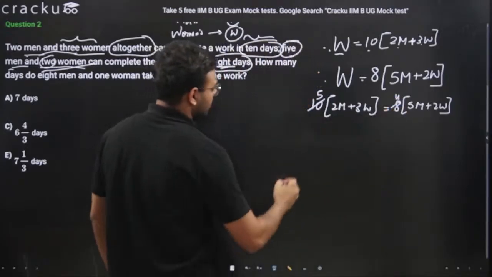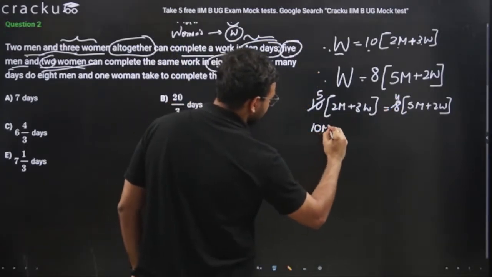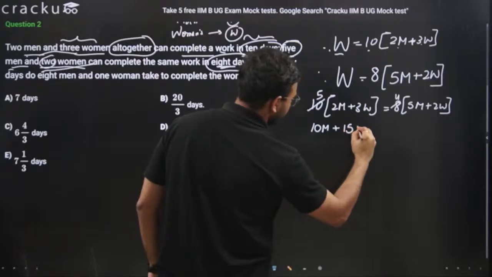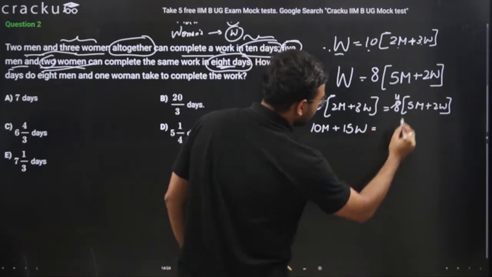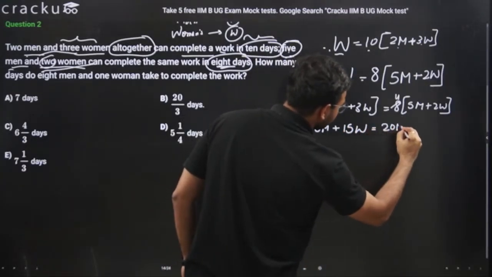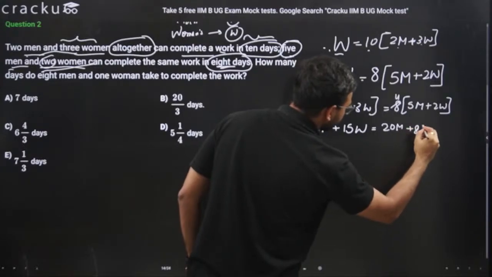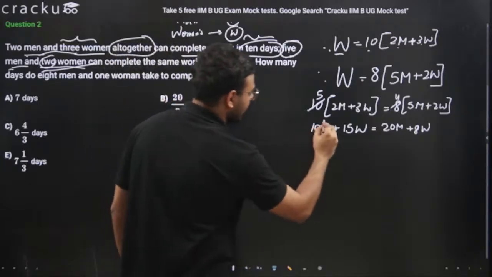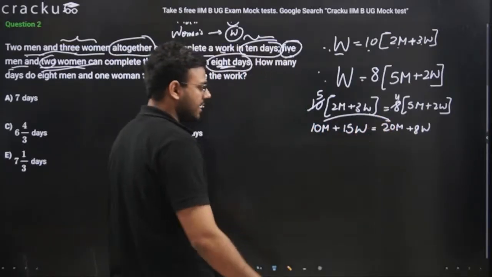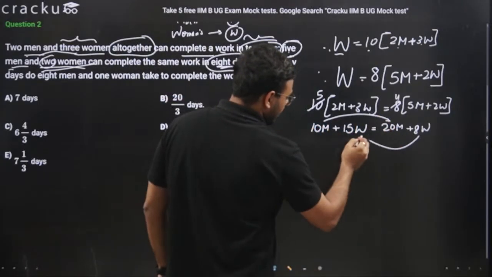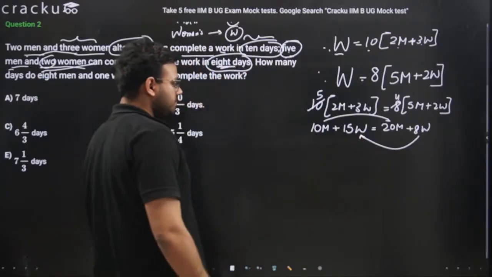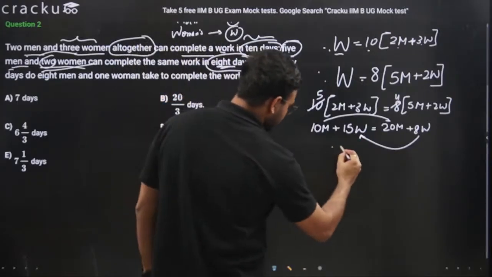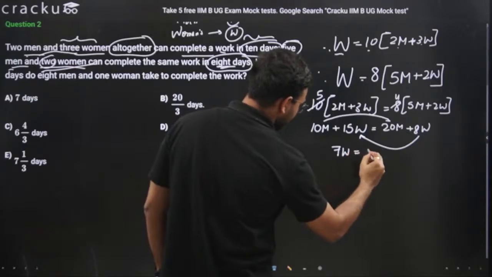If you open up this equation, this will become 10M plus 15W is equals to 20M plus 8W. I'll take 10M to the right hand side and 8W to the left hand side. So this will become 7W is equals to 10M.